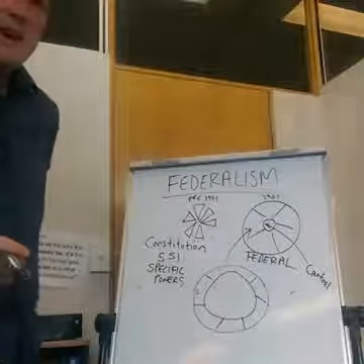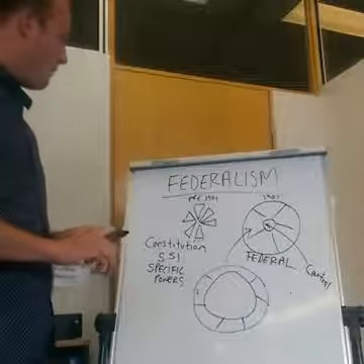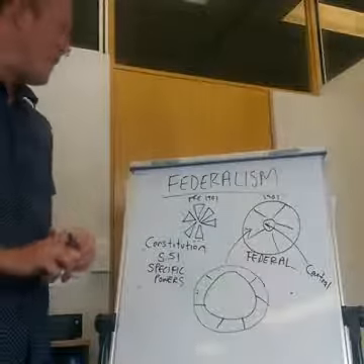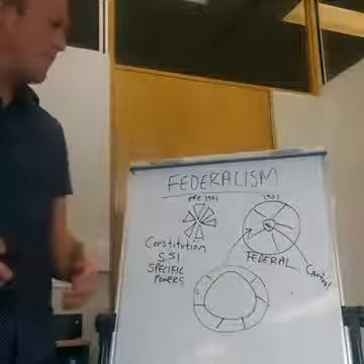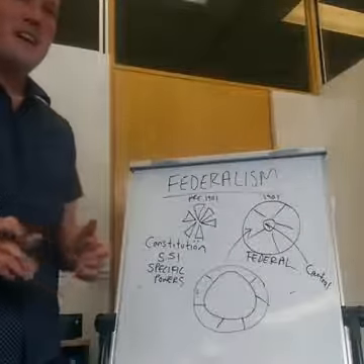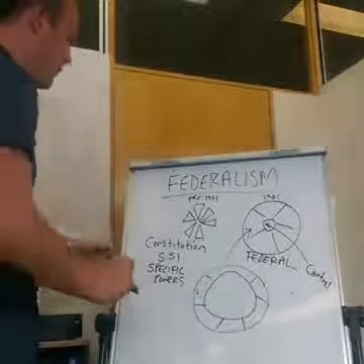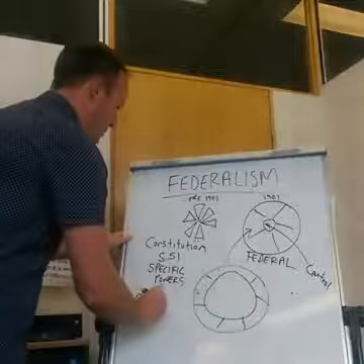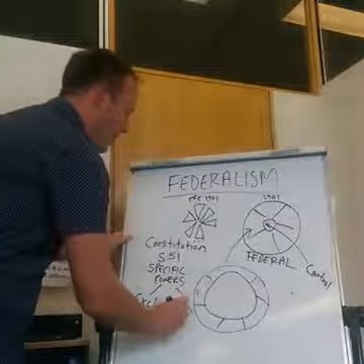Now the specific powers, sometimes called the enumerated powers or the 39 heads of power, are a list of areas that the Commonwealth, or the central government, can make laws on, and they can either be exclusive or concurrent.